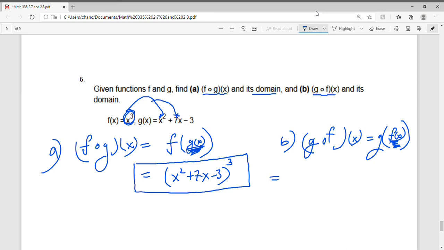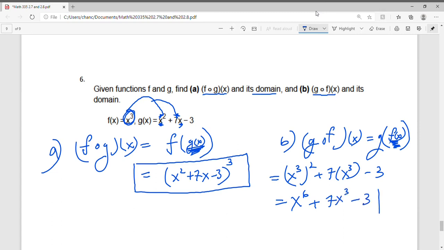This simplifies to (x cubed) squared, we're plugging it in for the x's, plus 7 times x cubed minus 3. I can square the x cubed. This gives me x to the 6th plus 7x cubed minus 3. And that's g of f of x.